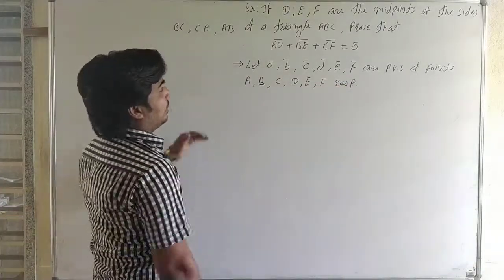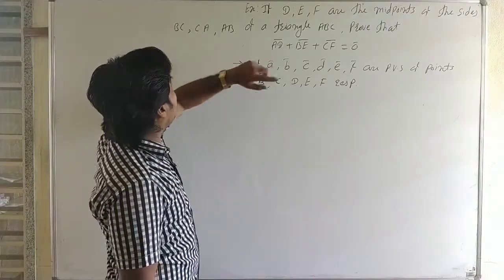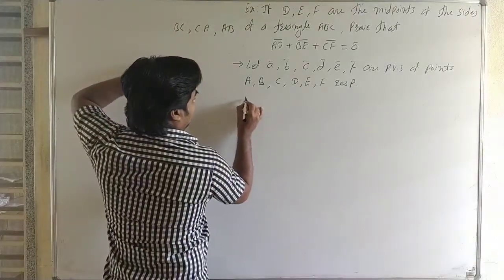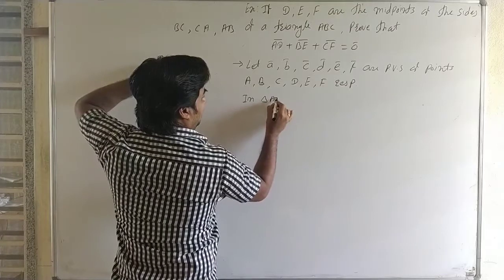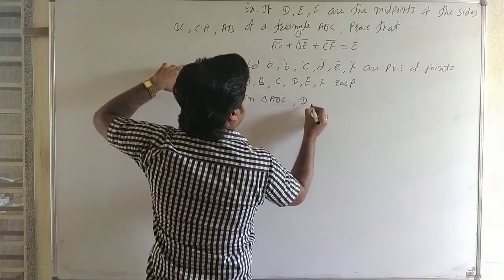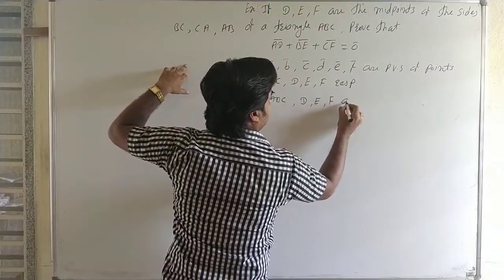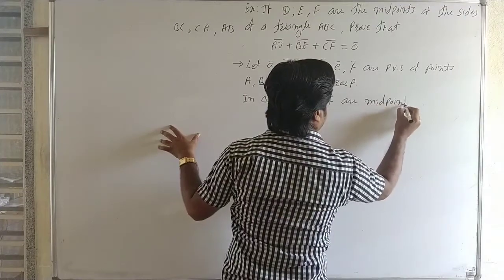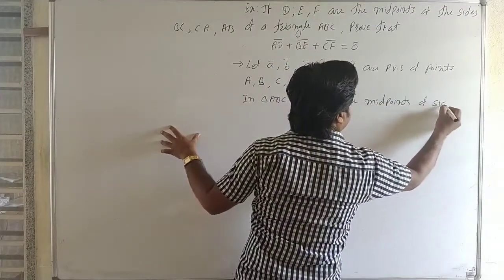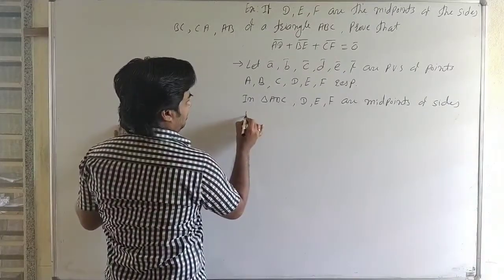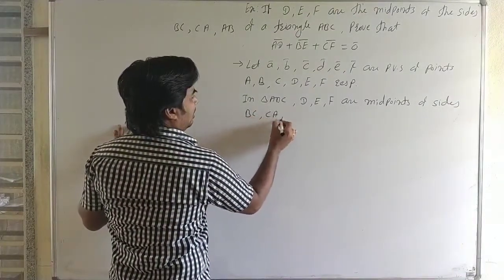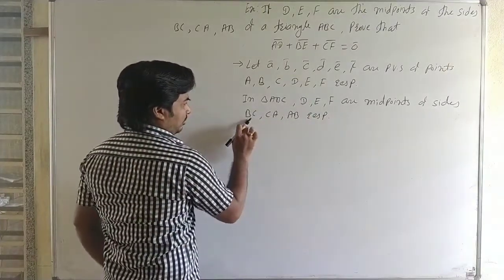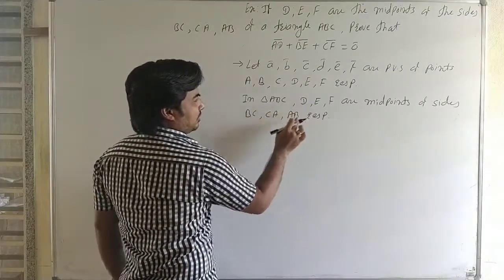Now, given in triangle ABC, D, E and F are midpoints of sides BC, CA and AB respectively. That is, D is a midpoint of BC, E is a midpoint of CA and F is midpoint of AB.